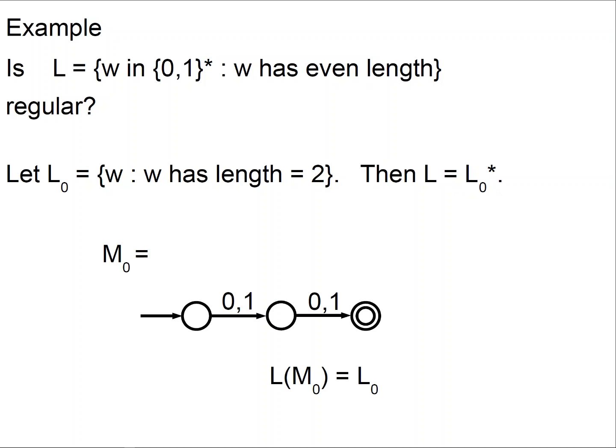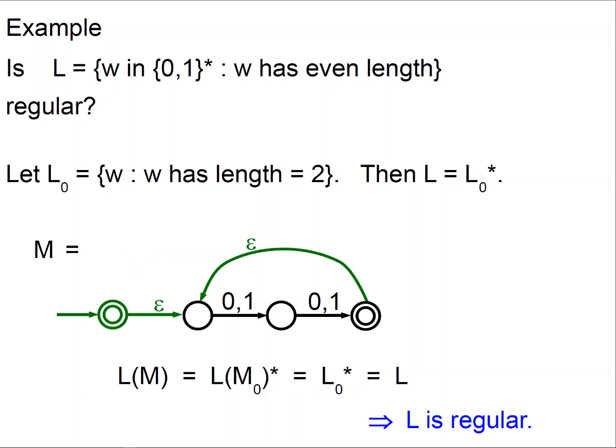The language of M0 is the set L0 of strings of length 2. You can use this construction to get an NFA for L, which is L0 star. I'm going to add my epsilon transition back to the start state, and I'm going to have a new start state, which is accept, with an epsilon transition to the old start state.